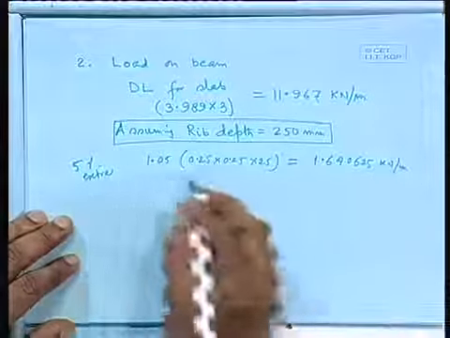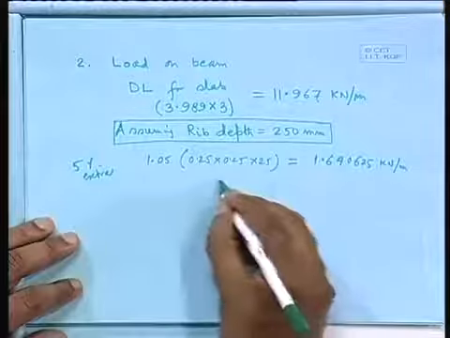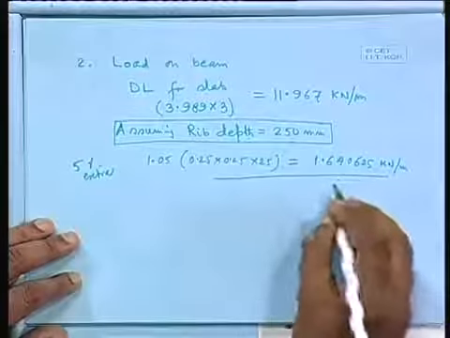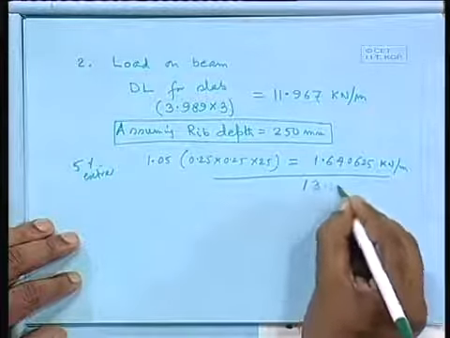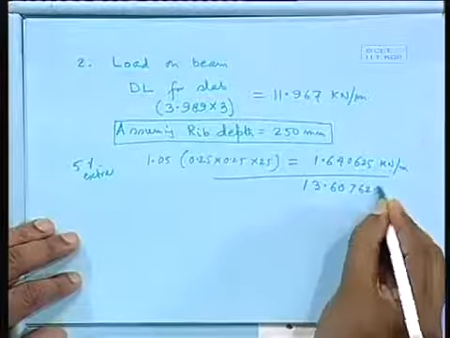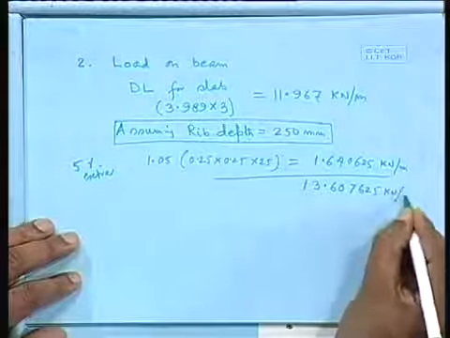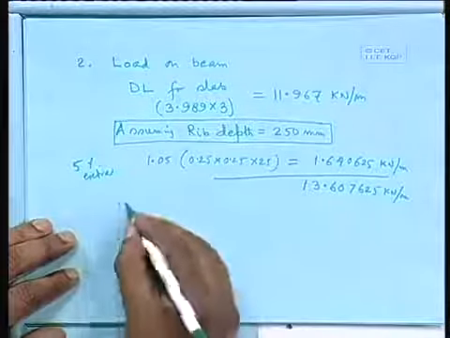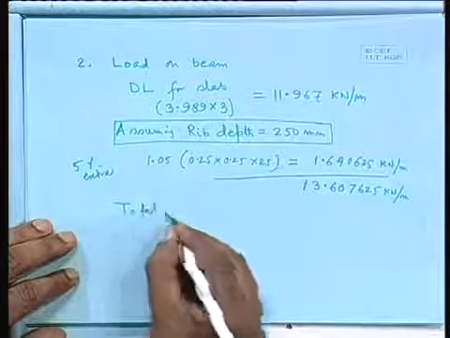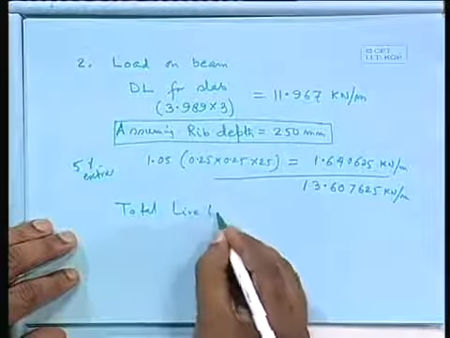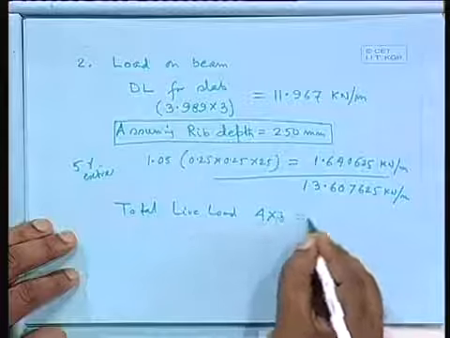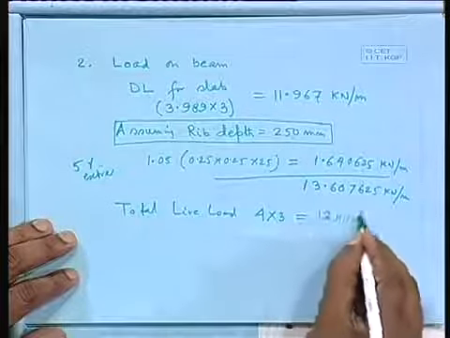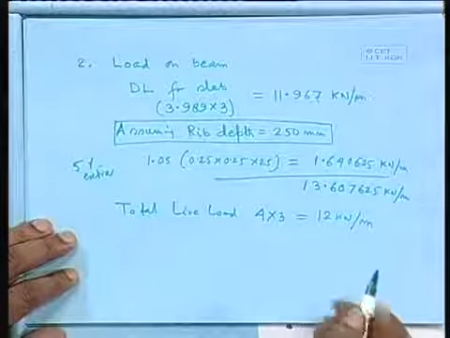I have taken 5% extra for finishing and other things. So we get 13.60765 kilonewton per meter. Total live load, 4 into 3 in a similar fashion, comes as 12 kilonewton per meter.